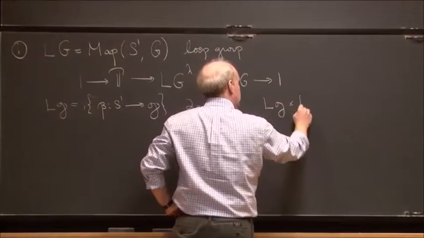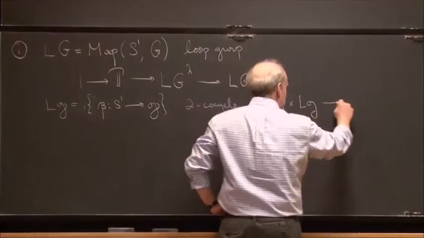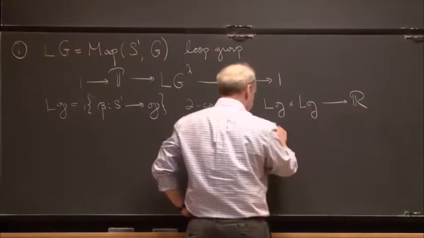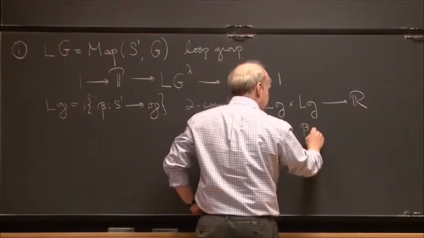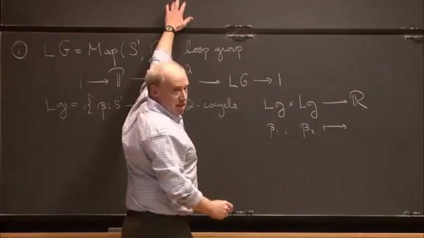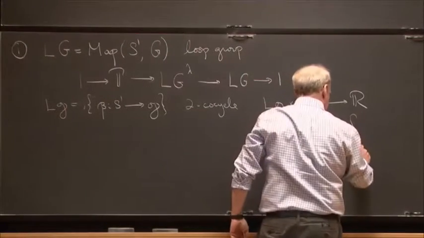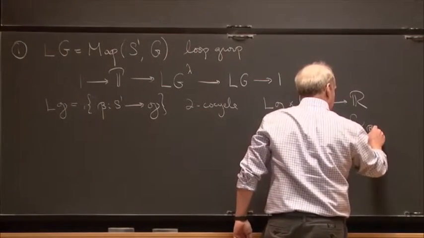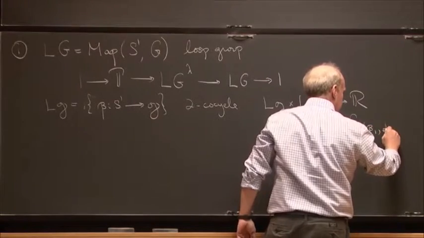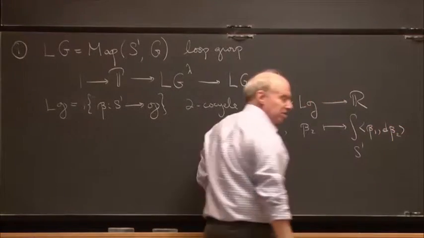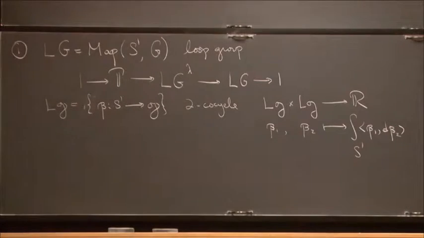It takes two Lie algebra elements and gives me a real number. It takes beta 1 and beta 2, and written in terms of this bilinear form, we just integrate over the circle beta 1, apply the bilinear form to the differential of beta 2, and integrate that one form.